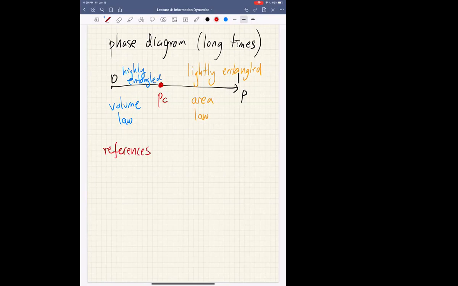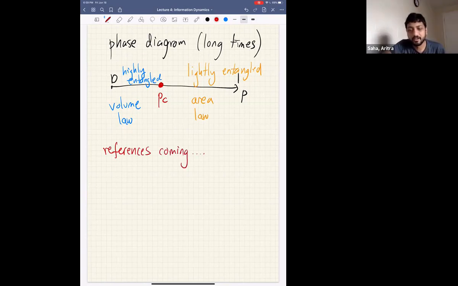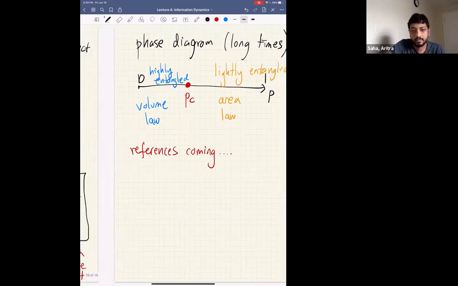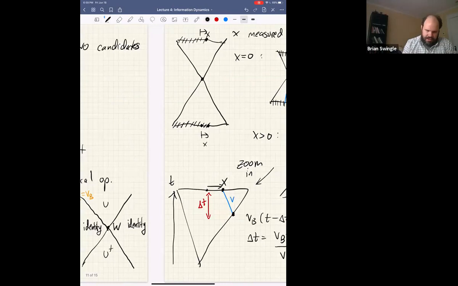I had a question. Is it possible to understand, using your membrane picture, the Page curve? Yeah, I mean, you get something sort of similar where, if I go back to this picture, where was it?